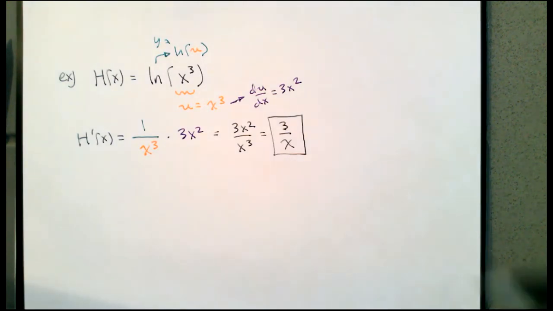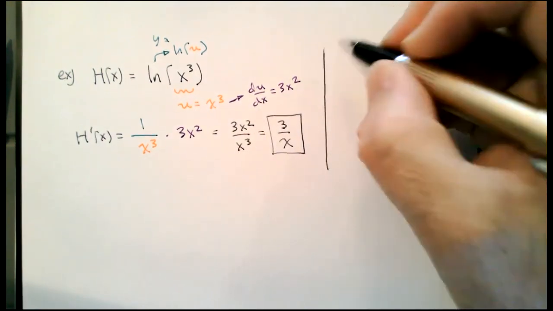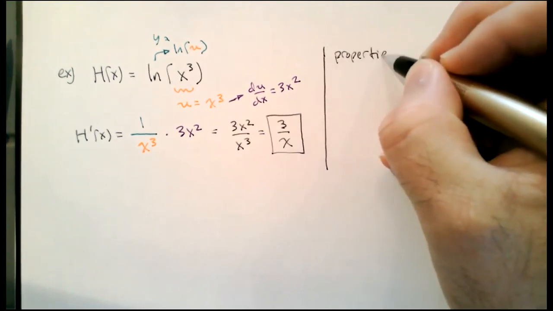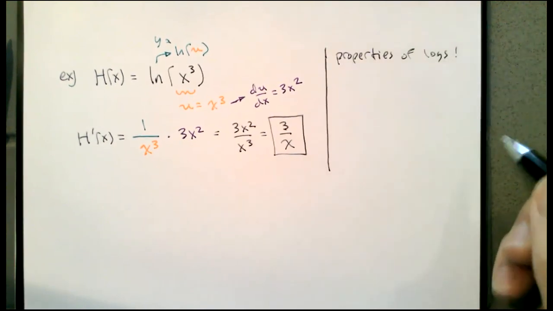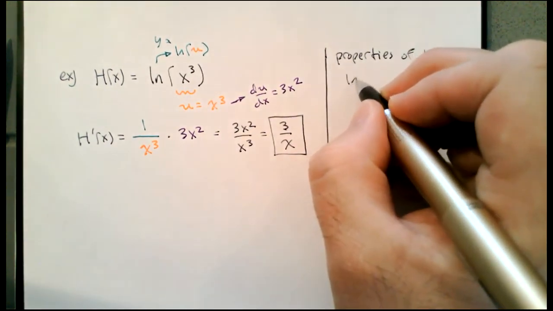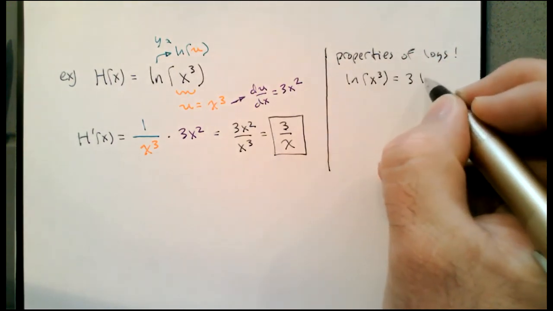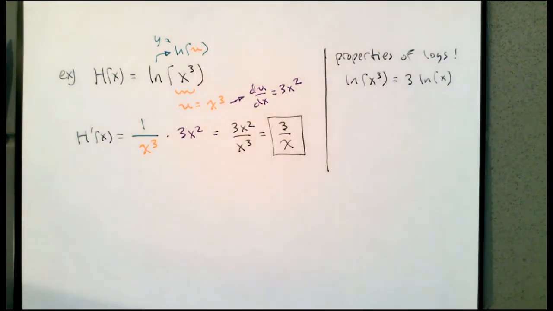And once again, if we think about our properties of logarithms, the natural log of x cubed is equal to 3 times the natural log of x. So instead of the 3 being an exponent inside the logarithm, it's just a constant multiple outside the logarithm.